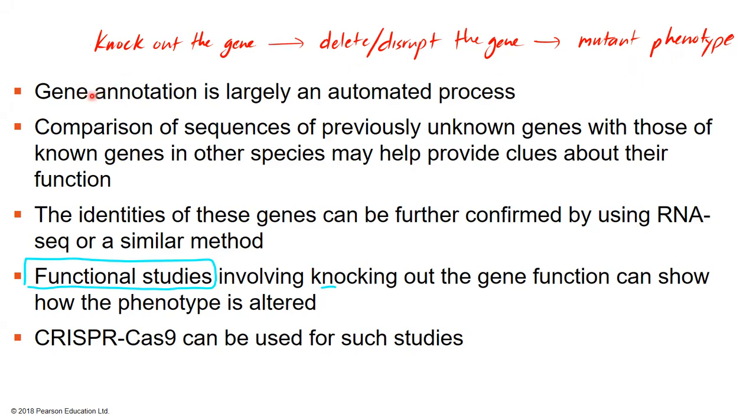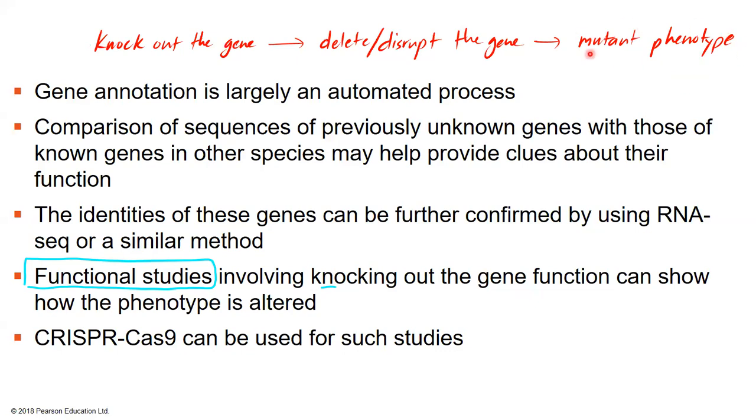So after you do gene annotation by searching the databases and computer software, you could go and do functional studies. One strategy of doing functional studies is to knock out the gene function, delete the gene completely from the genome or disrupt it or destroy it so that a mutant phenotype will be generated.